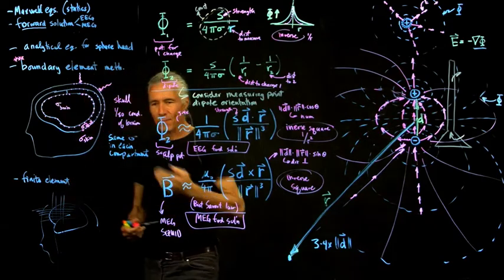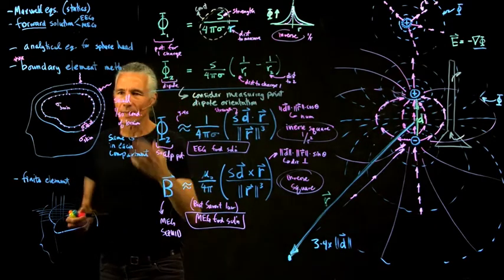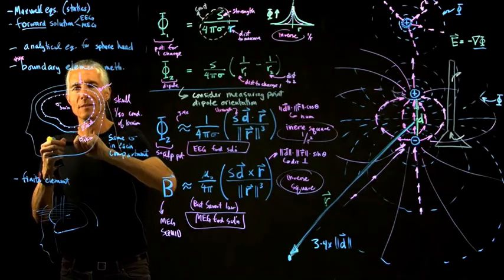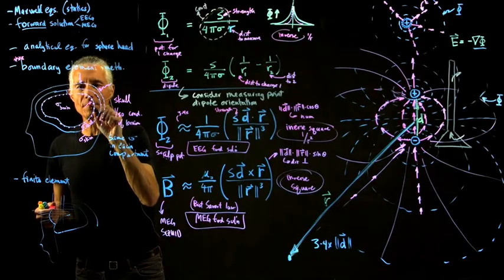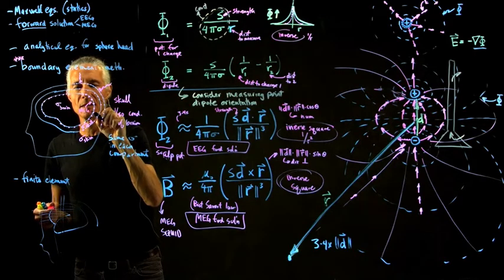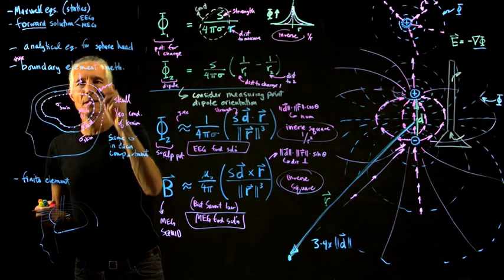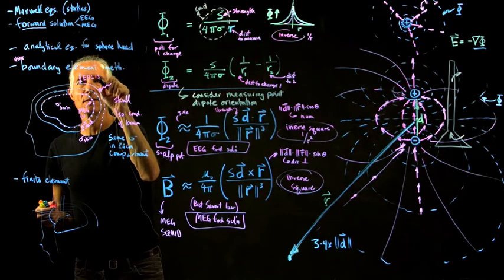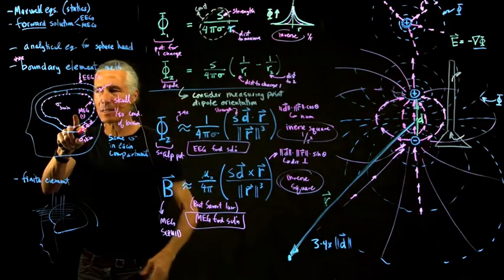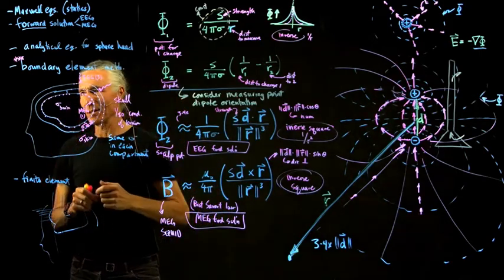And you can do the same thing for MEG. So for MEG, you only have to bother with this one surface. For EEG, you need to include all three surfaces. And so why can you not bother with the other surfaces for MEG? Well, the current doesn't really go through the skull.